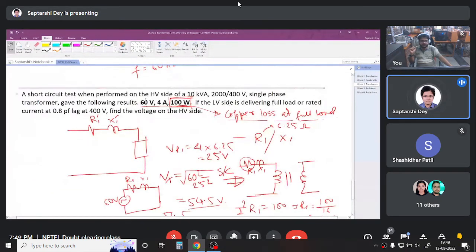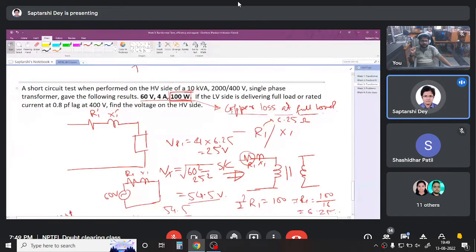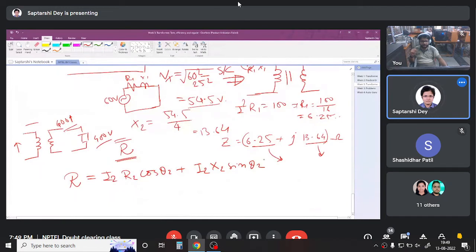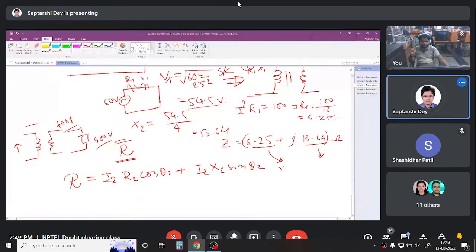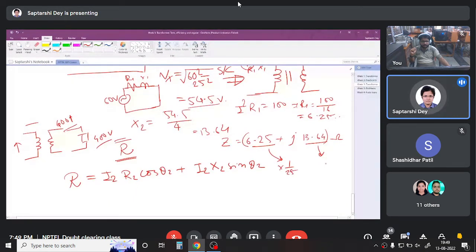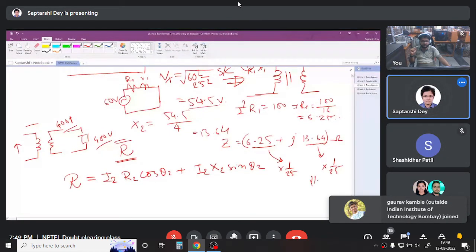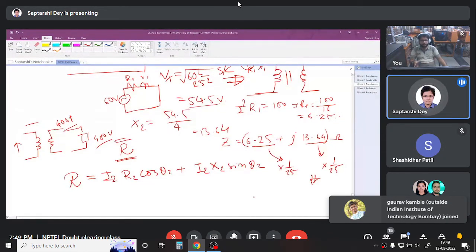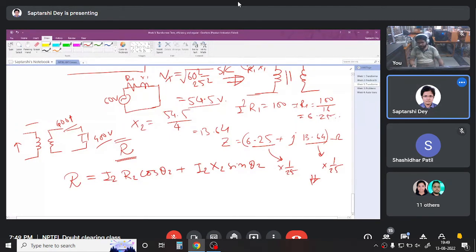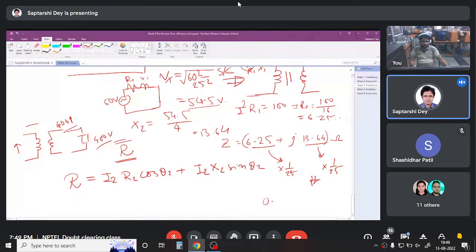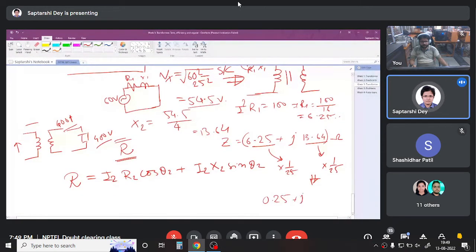We have to multiply them with 400 by 2000, which means 1 by 25. So this times 1 by 25, this times 1 by 25 will give you the impedance on the low voltage side, which is 0.25 plus j0.54.